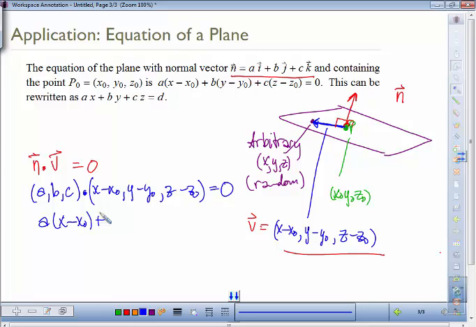The dot of two vectors is a scalar. So we'll say A times x minus x naught, plus B times y minus y naught, plus C times z minus z naught, and that's equal to 0. That's your formula for the equation of a plane.